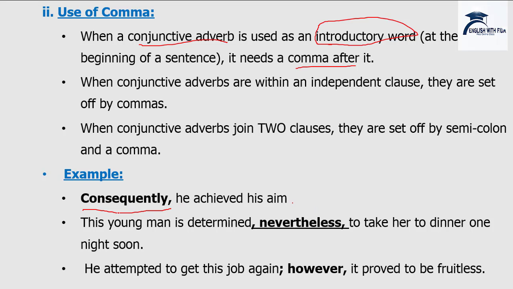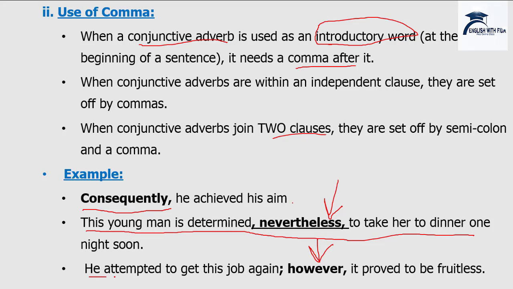Number two: when conjunctive adverbs are within an independent clause, not starting a clause but inside it, you will separate it by using two commas, one on either side.